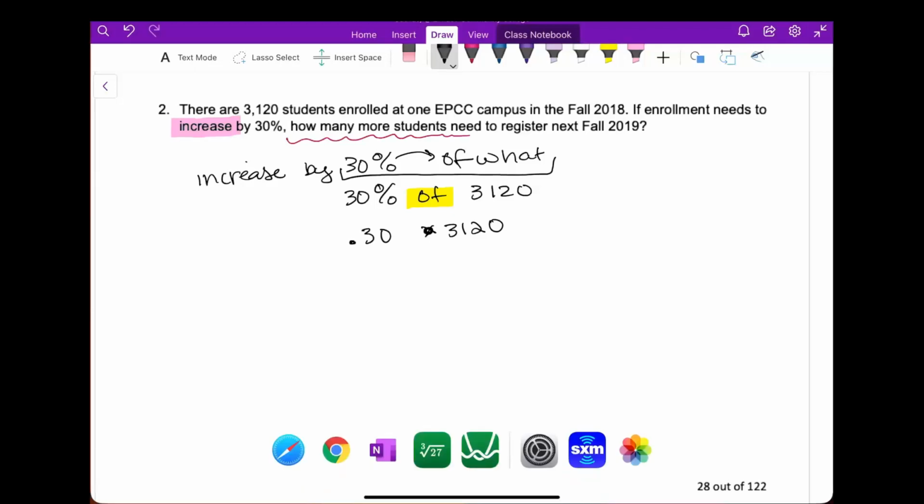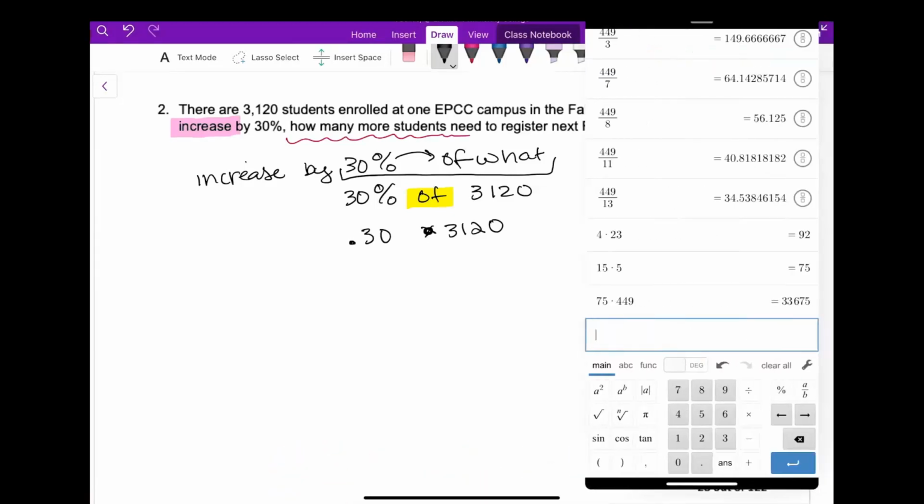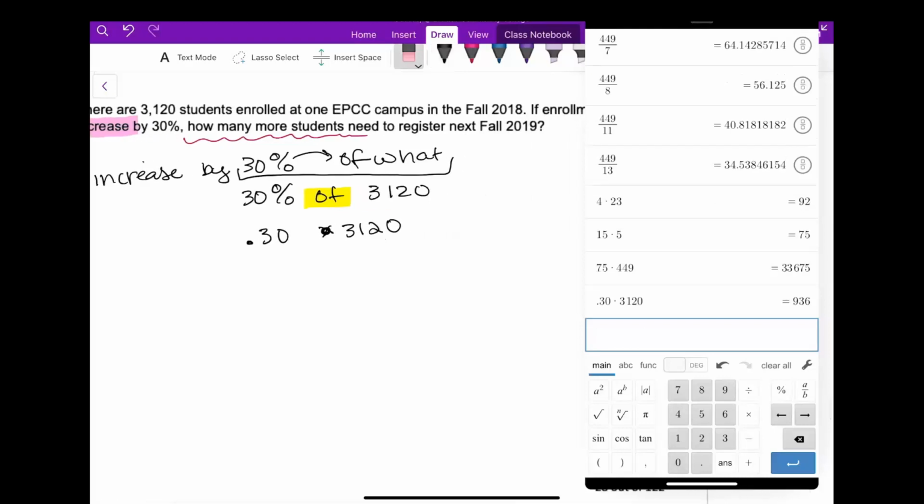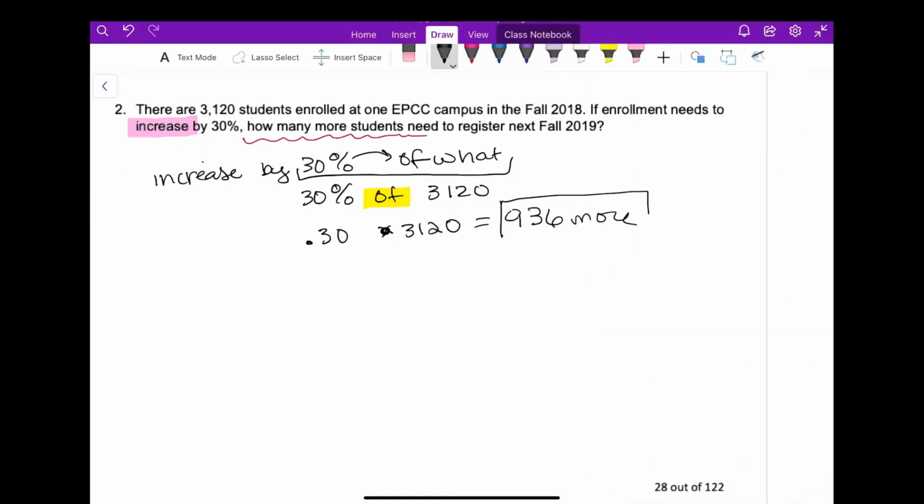And we're actually ready to calculate. Let's multiply 0.30 times 3,120. That is 936 students more. 936 more students are needed.